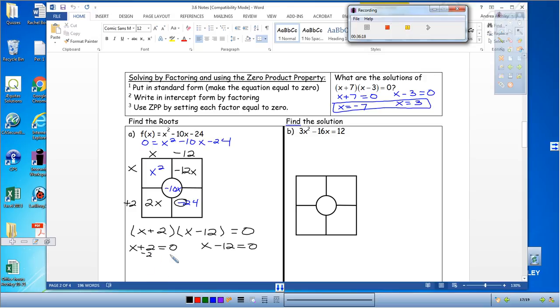I'm going to subtract 2 from both sides and get x equals negative 2. I'm going to add the 12 to both sides and get x equals 12. So my solutions, or my x-intercepts, are negative 2 and 12. Any questions over that?